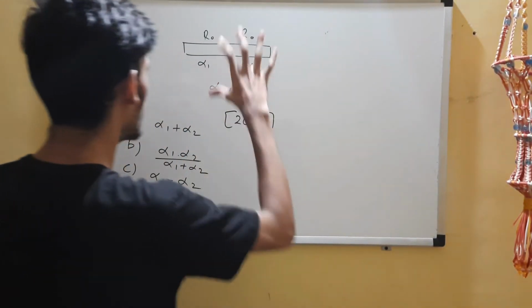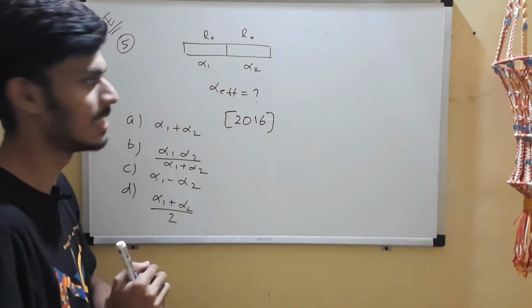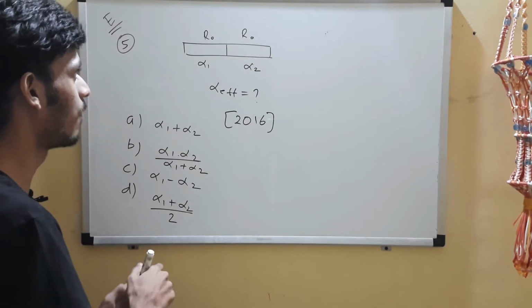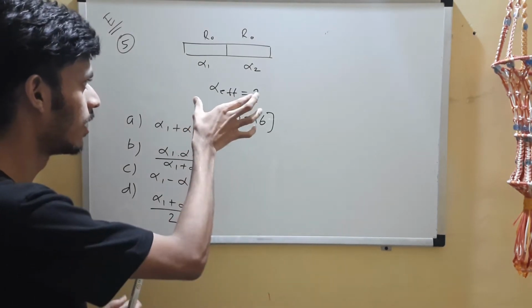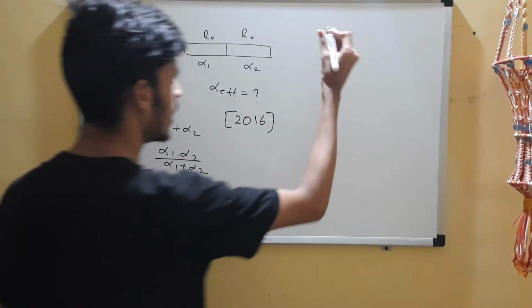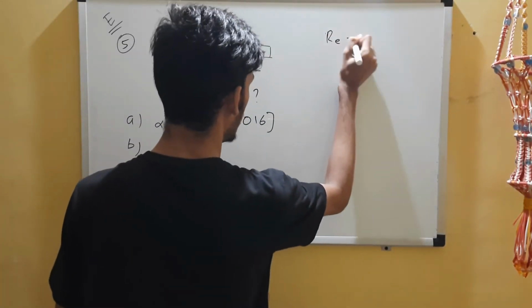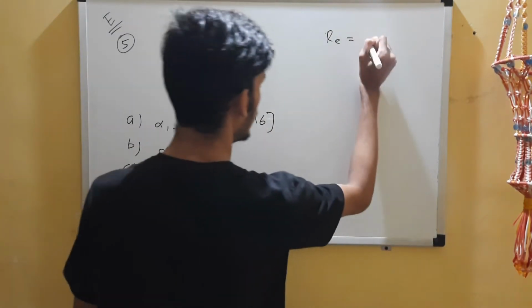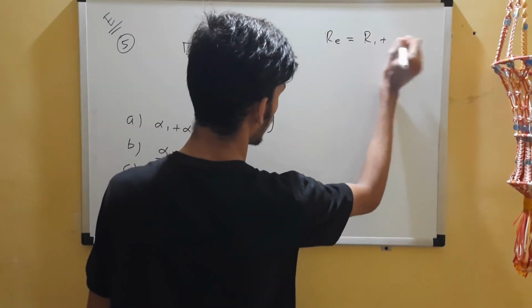You can see that both the resistors are connected in series, so you just have to account for the effective temperature coefficient in series combination, right? So we can write it as the equivalent resistance. In this case will be R1 plus R2, right?